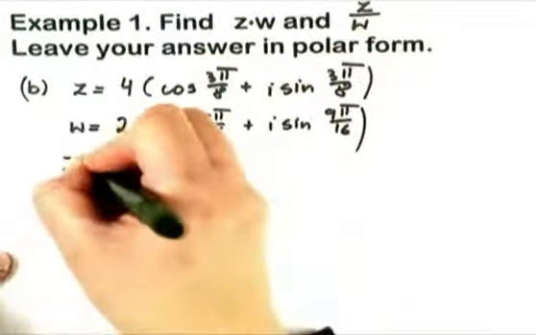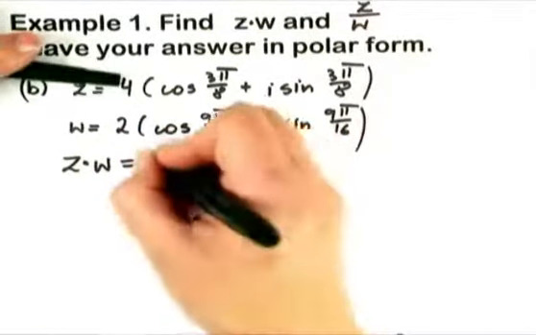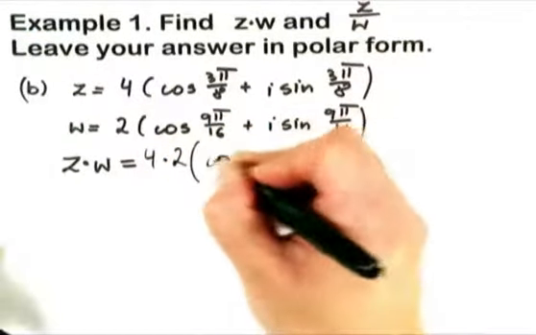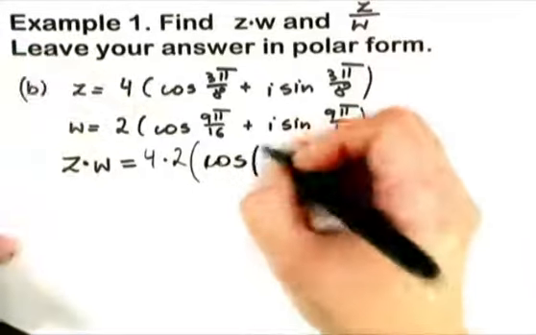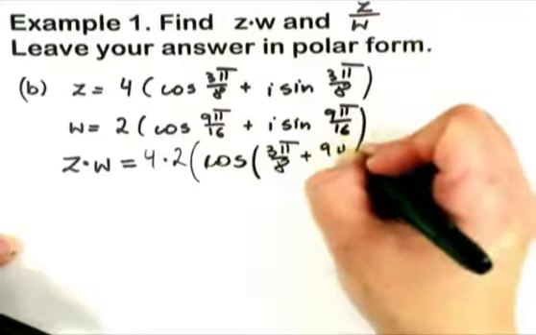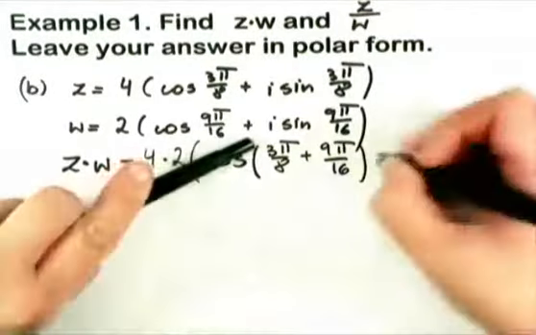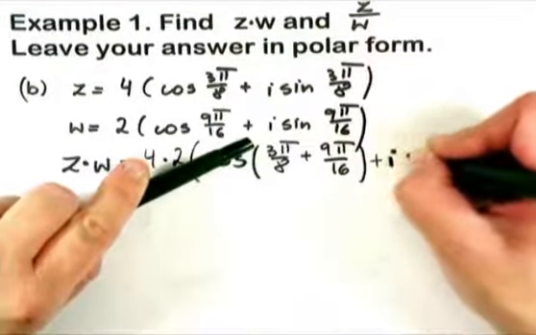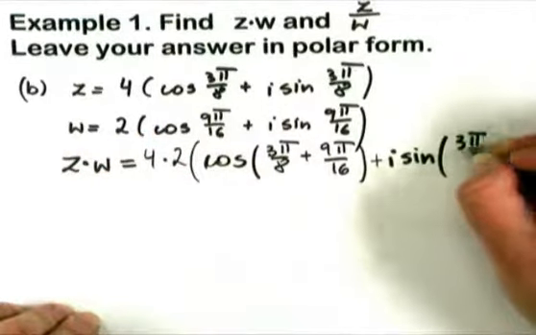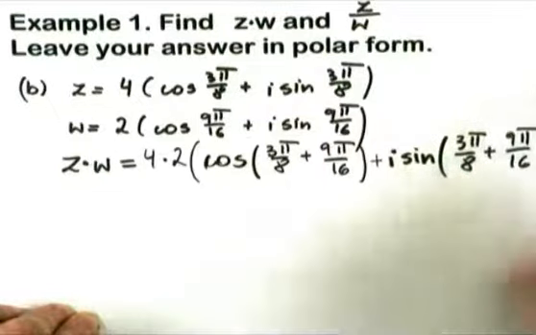So z times w is equal to, we multiply 4 times 2, and then we have cos, and we add those angles, 3 pi over 8 plus 9 pi over 16. Then we have plus i sine, and we add the angles one more time, 3 pi over 8 plus 9 pi over 16.